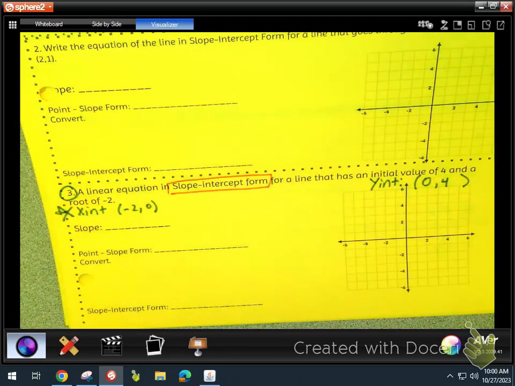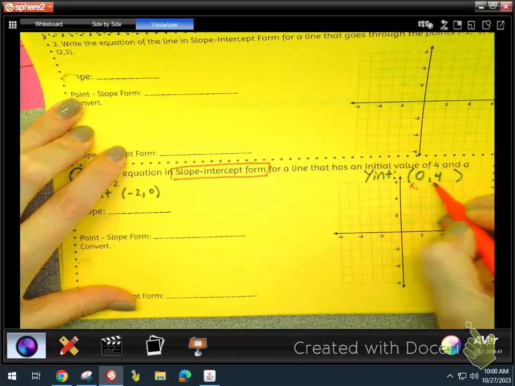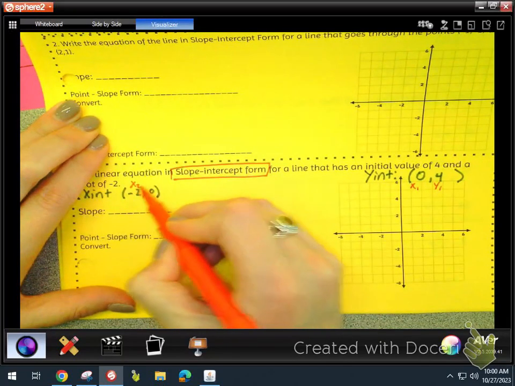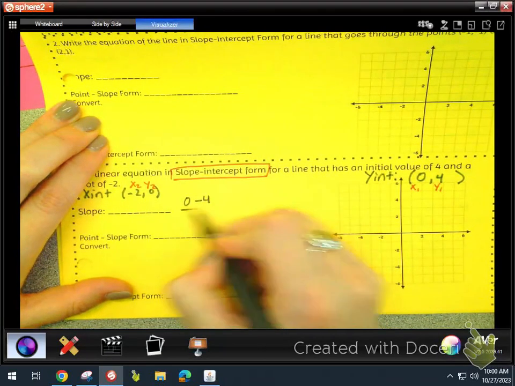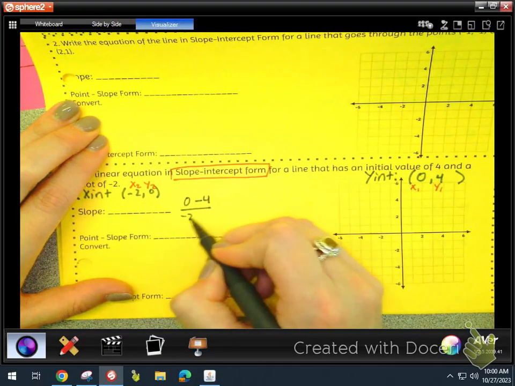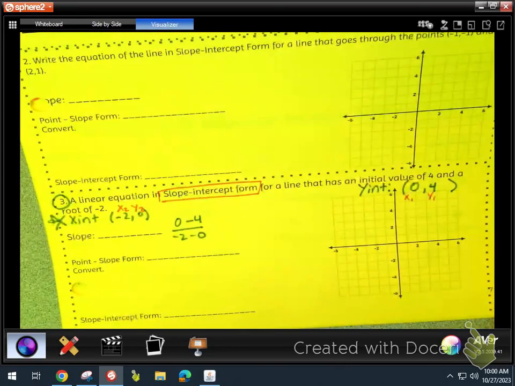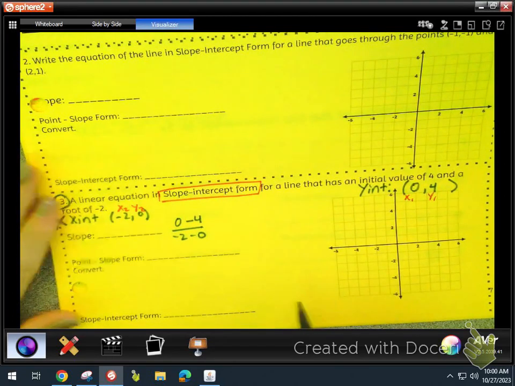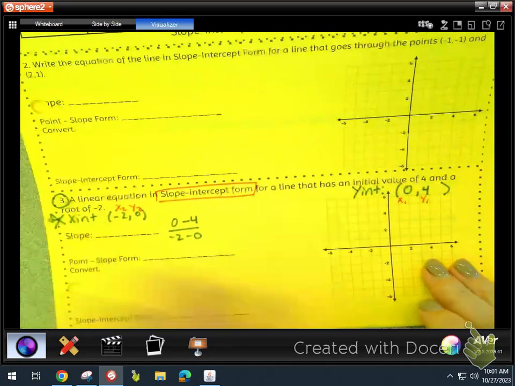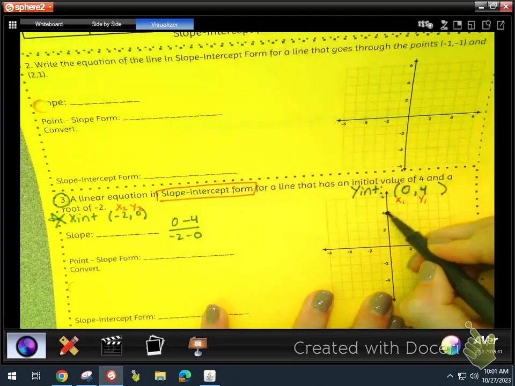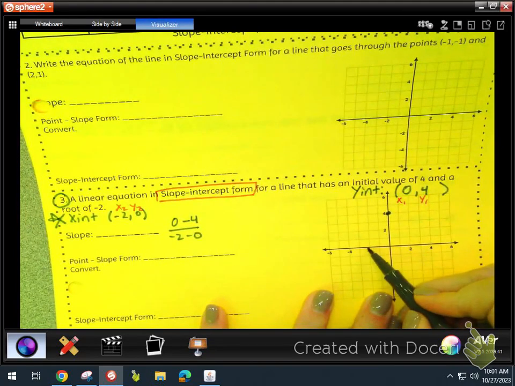Okay, so slope formula this. We're also graphing this too, so let's make sure we know how to graph these. We skipped to number 3 on the back.